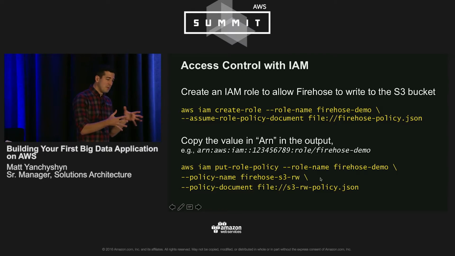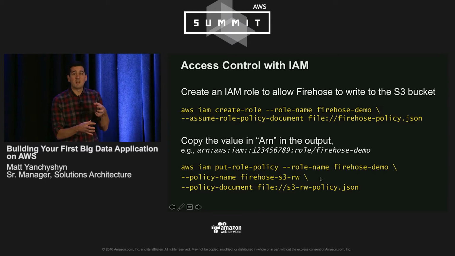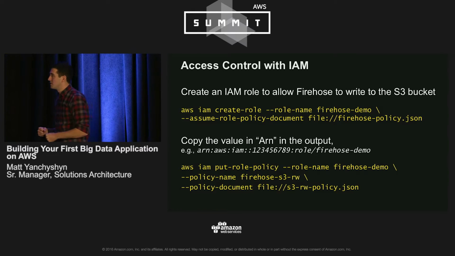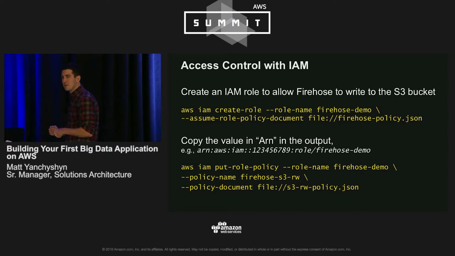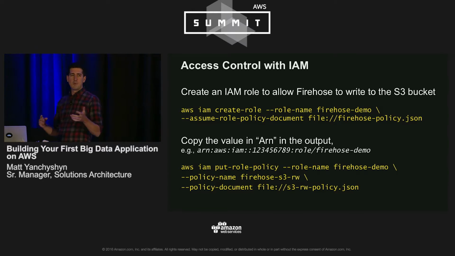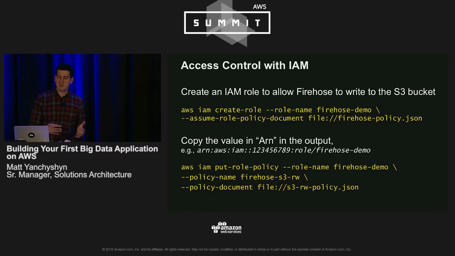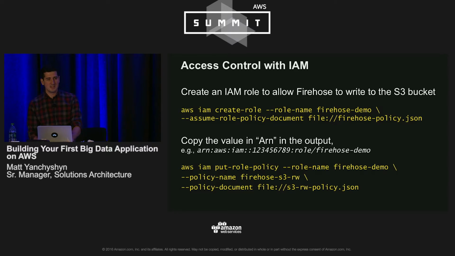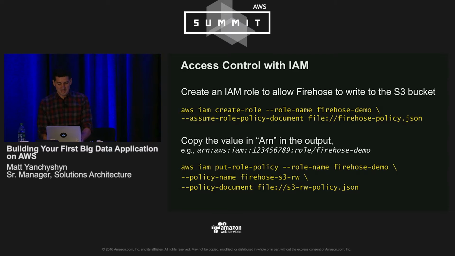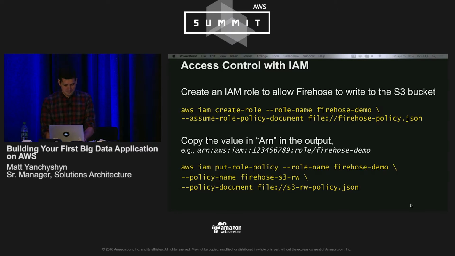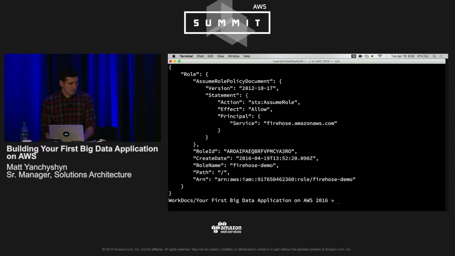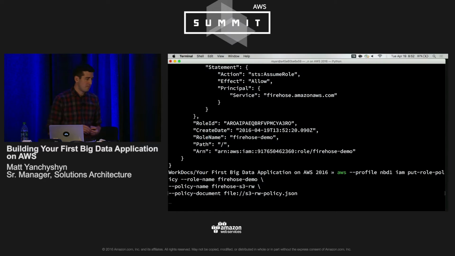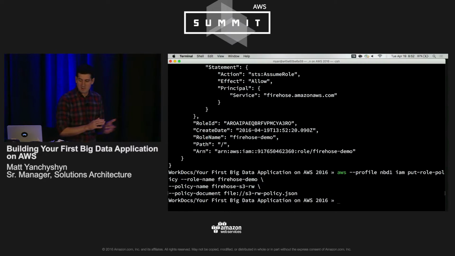And remember, now that we've given Firehose a role, we need to give it a policy: you are allowed to write to this bucket. So I'm going to give it a policy that's going to write to a bucket called, I think, AWS MYAN Chicago. I think that's the bucket that I created. So it's going to give explicit permission to Kinesis Firehose to write into that bucket. That's it. All right, so now we're all set.